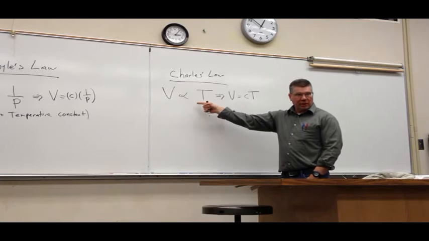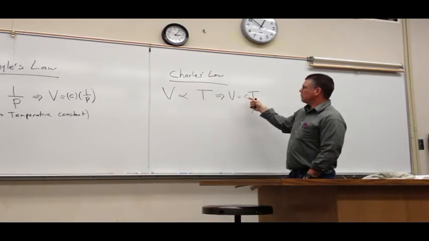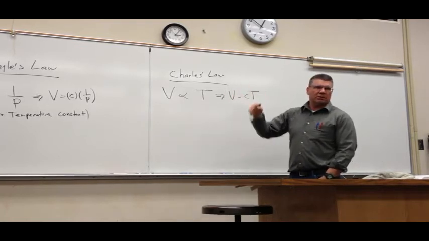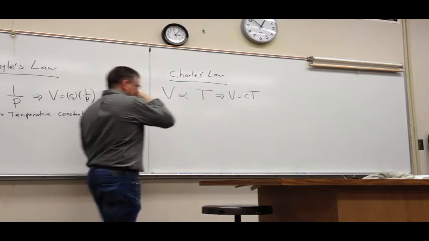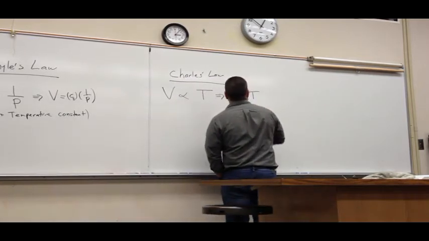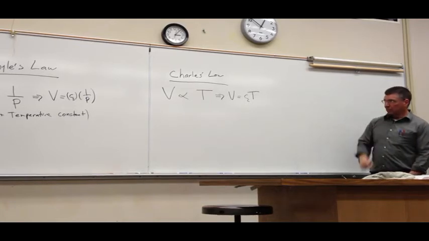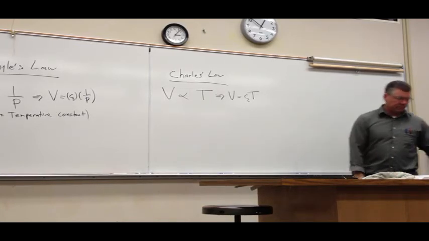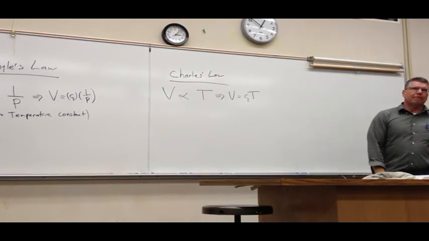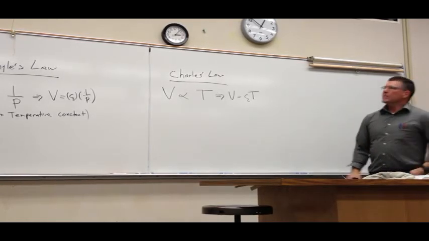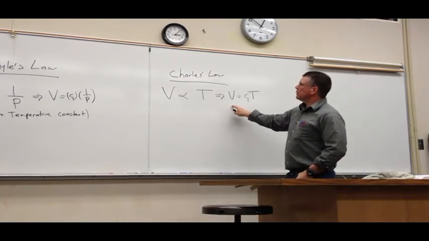And the same thing for Charles' law. Volume is directly proportional to temperature means that we can think of the volume as being equal to some constant. These are different constants. I guess I'll label this with sub B for Boyle, sub C for Charles, times the temperature. There's an interesting result of this relationship here.